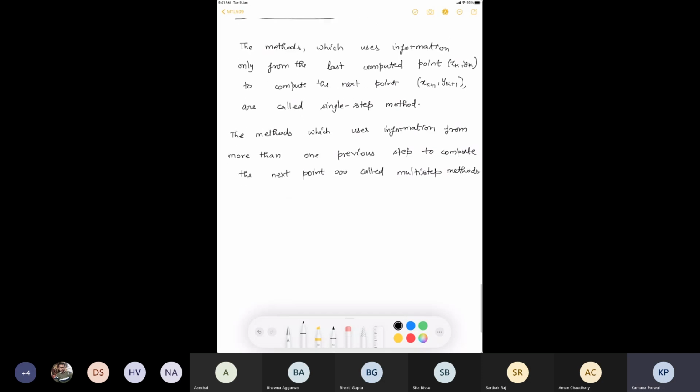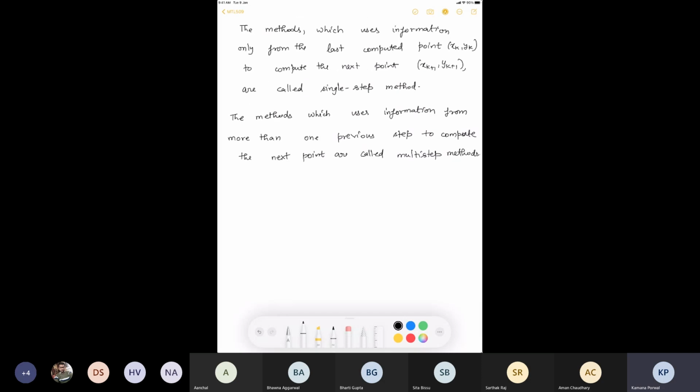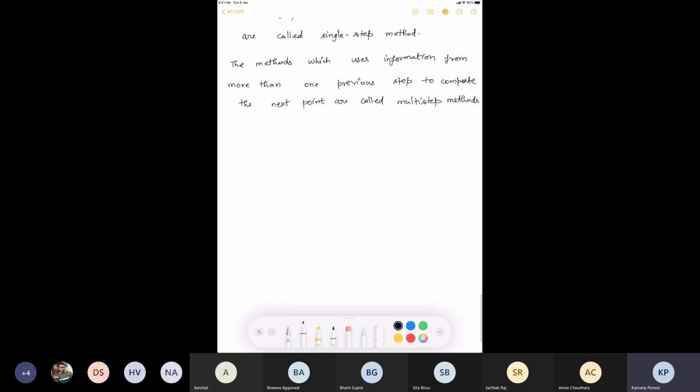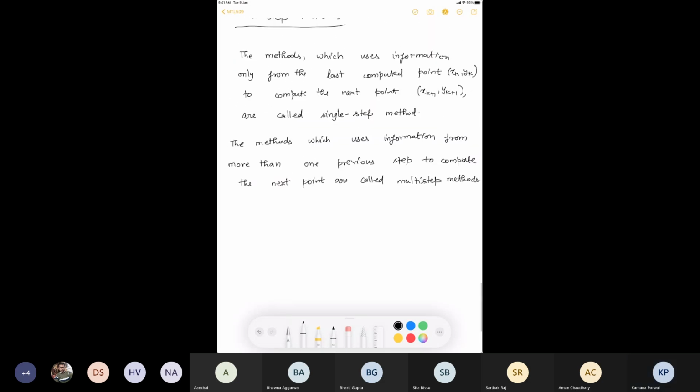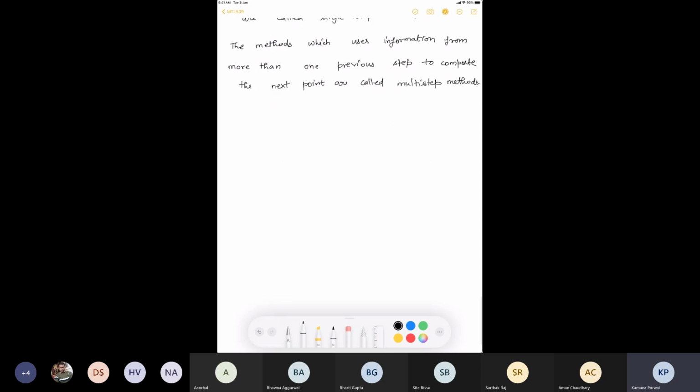I'm just going to discuss two methods from the family of the multi-step methods. The underlying problem remains the same, that we want to solve this initial value problem, y prime equals f of x, y, with y at x naught equals y naught.